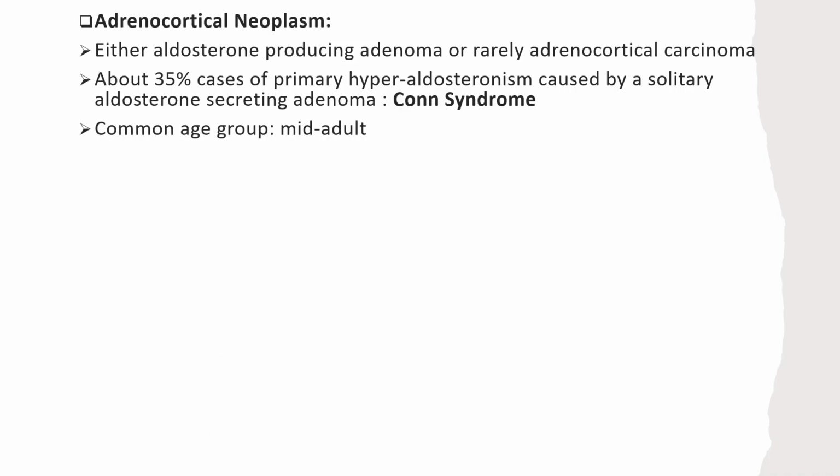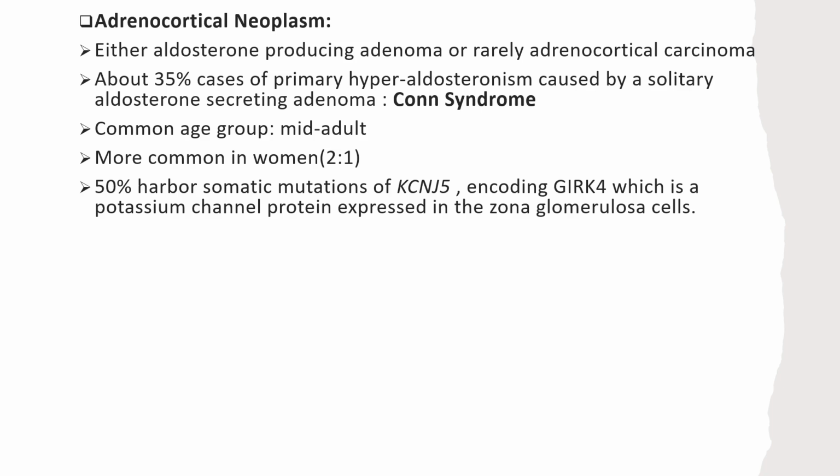And the common age group is mid adult, and this affect more commonly to the women, and that ratio is 2 is to 1. And 50% harbor somatic mutation of KCNJ5, and this gene encode for GIRK4, which is a type of potassium channel protein, and that is expressed in the zona glomerulosa cells.